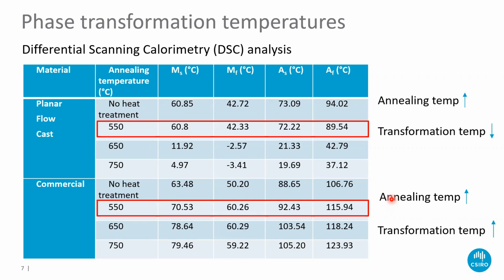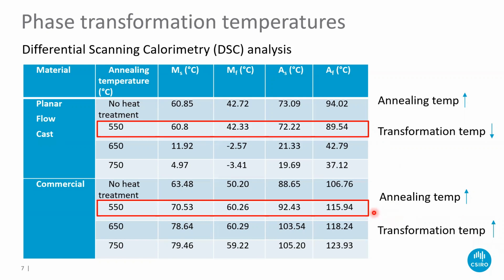So we can see that we have the martensite start and finish and the austenite start and finish temperatures. And we find that when the annealing temperature increases, the transformation temperature actually is reduced for the planar flow casting material. But for the commercial one, it behaves differently.